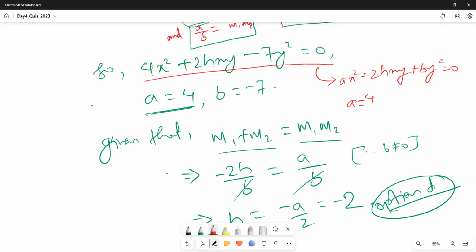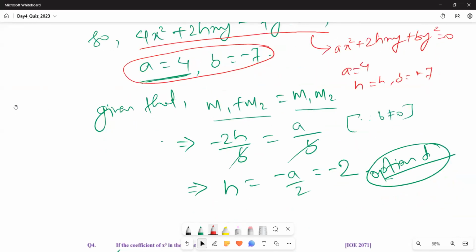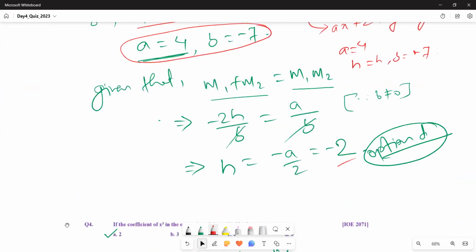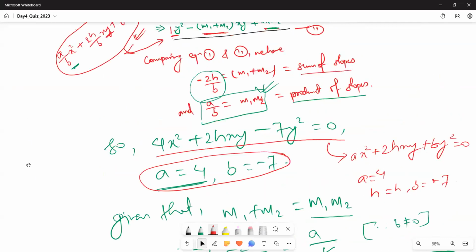So a equal to 4. The coefficient of xy is h itself, and b is equal to minus 7, the coefficient of y square. So by comparing this with the standard homogeneous second degree equation, the value of h you get is minus a by 2, that is minus 4 by 2, which is minus 2. So option D will be the right answer. Okay, option D will be the right answer.